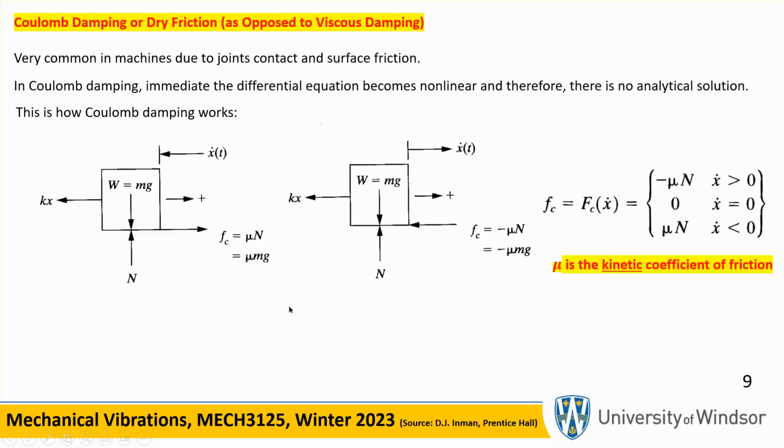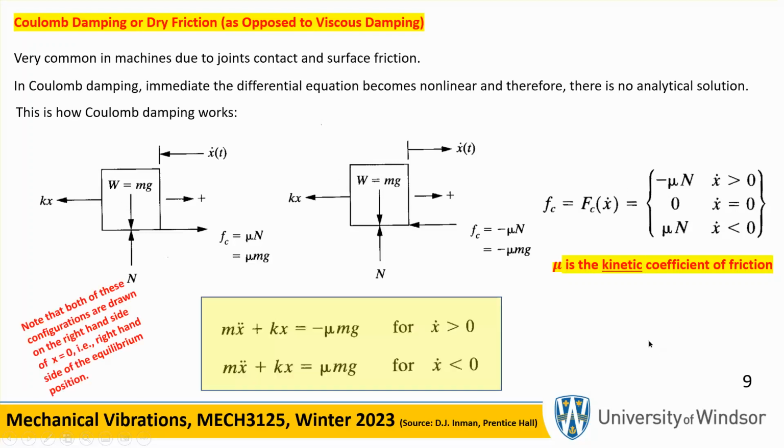So the equation of motion becomes this: m x double dot plus k x equals this number. This is the force of friction. It is just the normal reaction force times the kinetic coefficient of friction, mu. This is the friction force from first year statics.